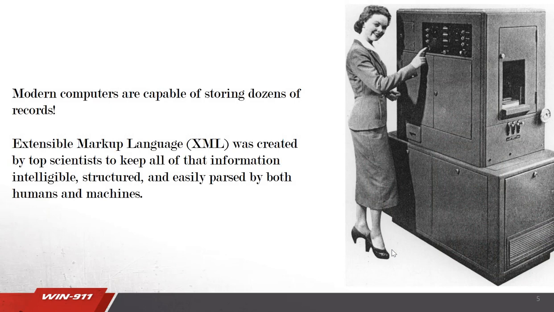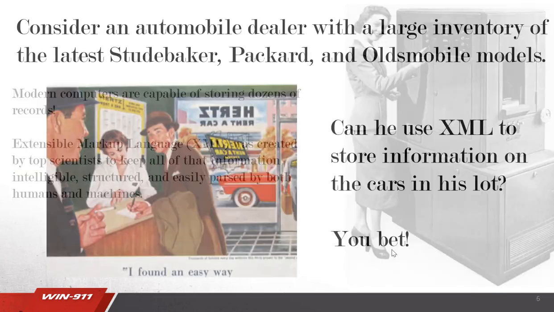What is XML? Extensible Markup Language. XML was created in order to keep all the information in the world intelligible, structured, and easily parsed by both humans and machines. It's an object modeling language, and you can use it to capture the details, the attributes, the individual data items of anything, from a water tank to an entire lift station or well pump or a bank account, and certainly it's a very powerful language for object modeling.